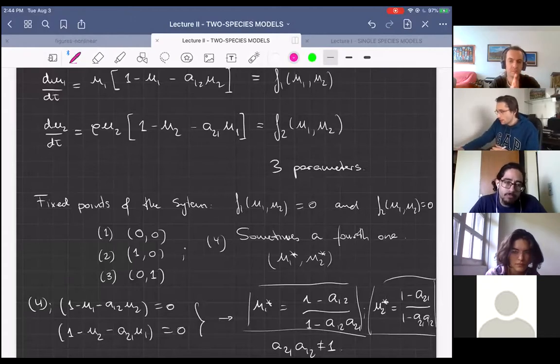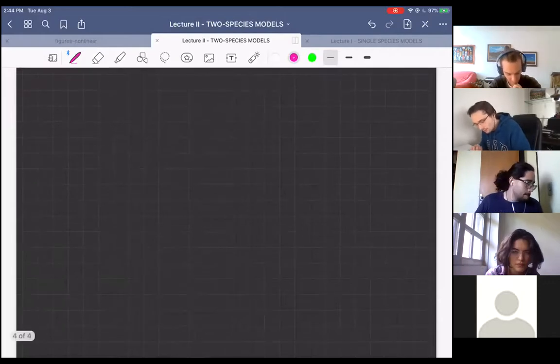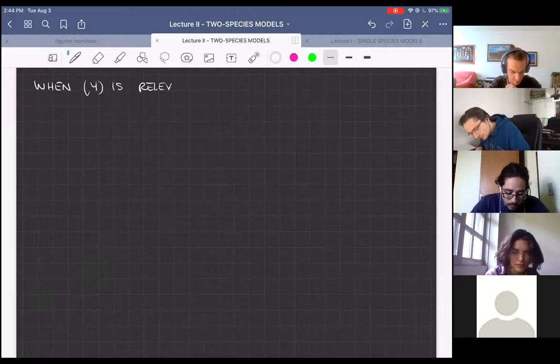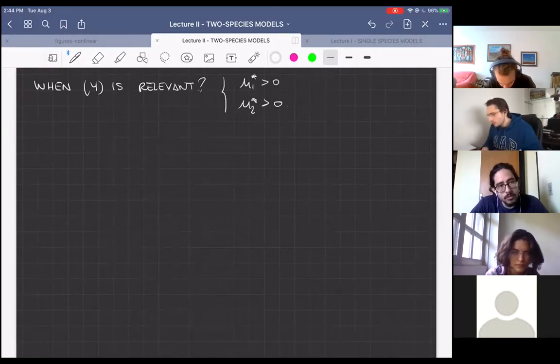So what I want to do next is to find when this fourth fixed point is relevant. Of course, it is going to be relevant when U1 star is positive and U2 star is positive.